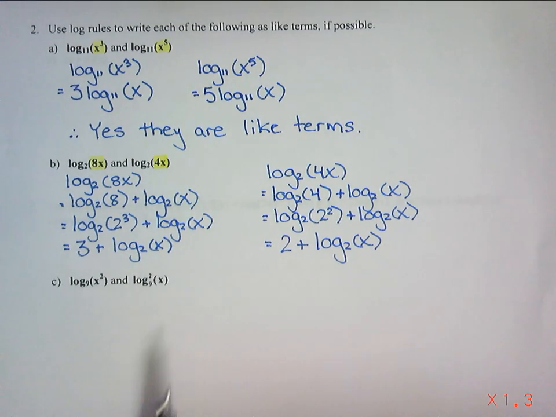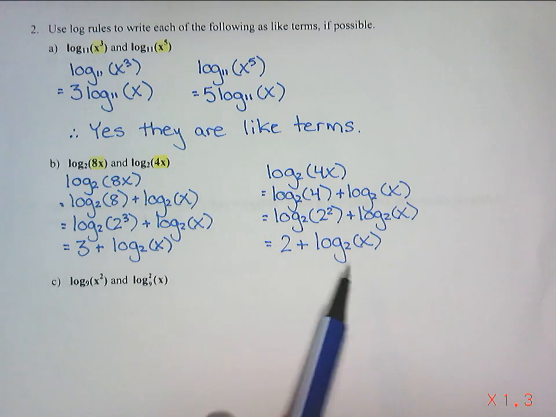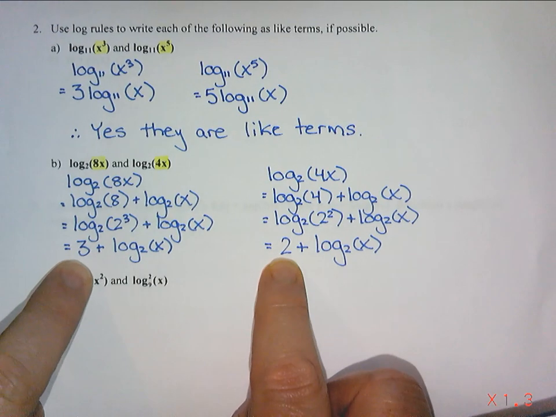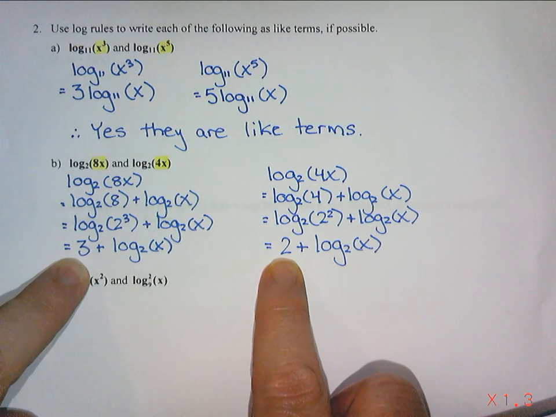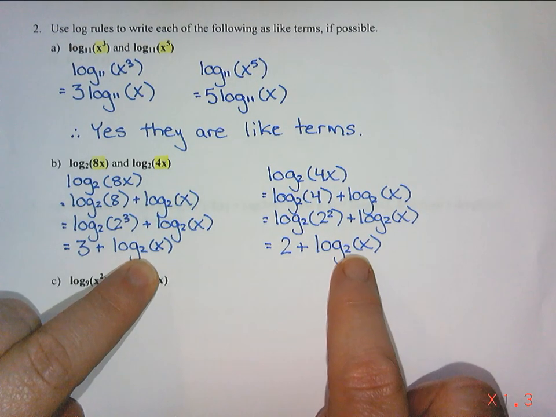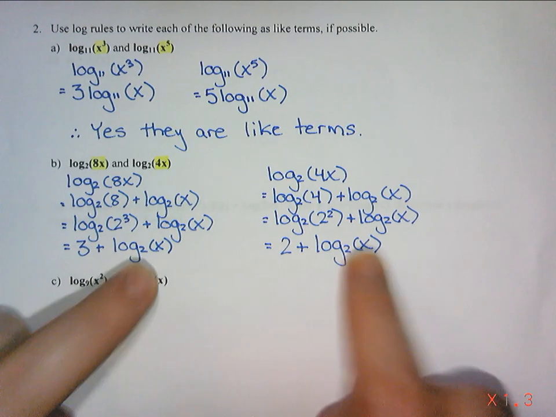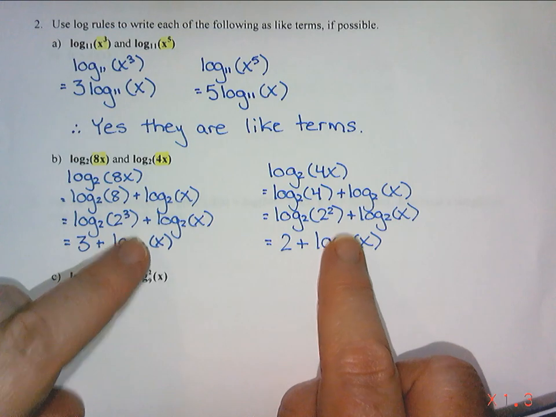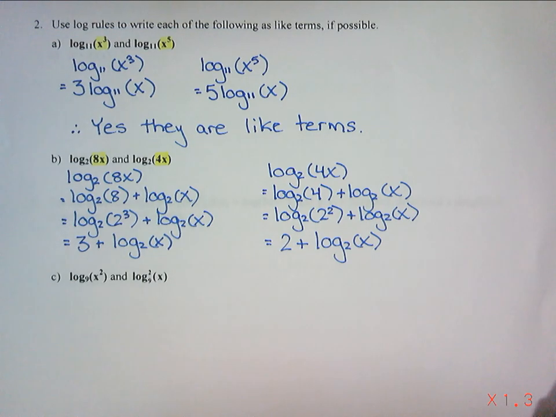Okay. So I don't just have one term. I now have two terms on both sides. And the question is, are they like terms? So parts of them are like terms. The 3 and the 2 are like terms. They're both numbers. And the log base 2 of x and the log base 2 of x are also like terms because they have the same base, the same argument, and the same exponent.